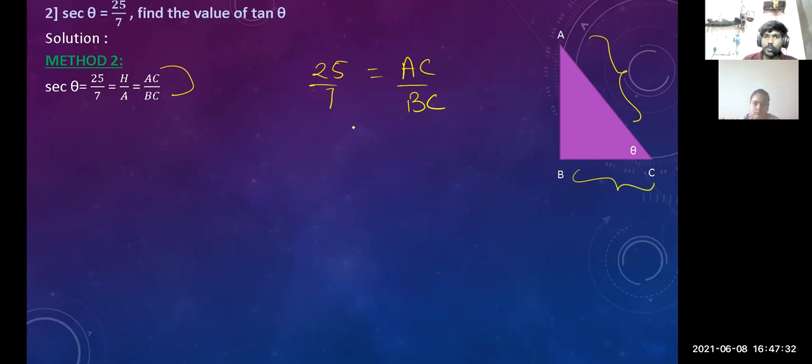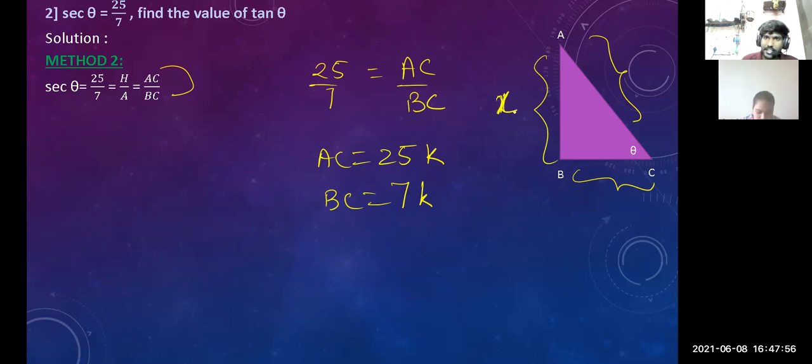Now, by property of proportion, AC will be 25 into some constant, let's say K. BC will be equal to 7 into some constant, say K. And the last side, that is AB, you take it to be some constant X. Sorry, AC is 25K, BC is 7K, and AB you're taking it to be X. Is this clear up to here?